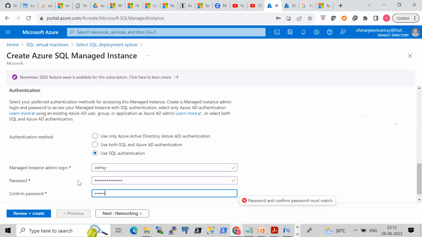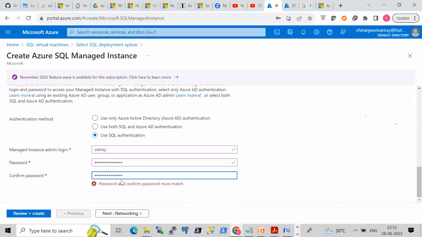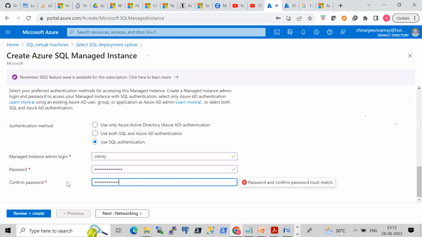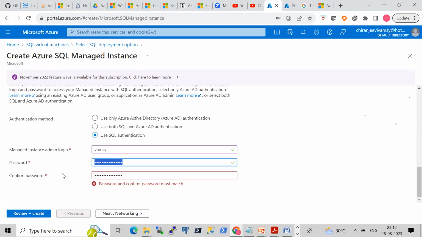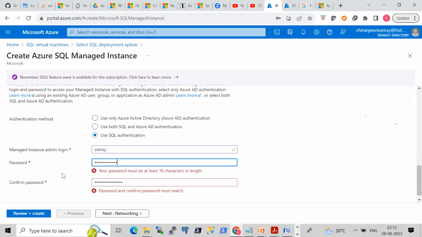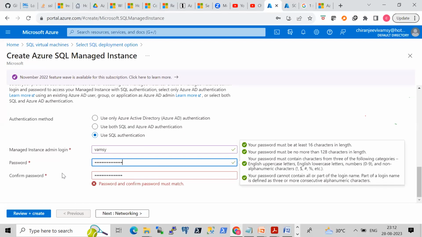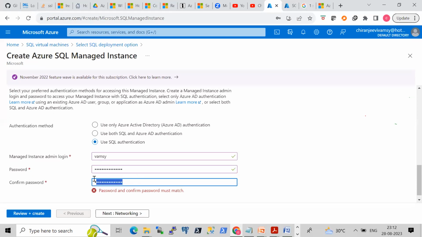My God. It's not matching. Why is it not matching here?